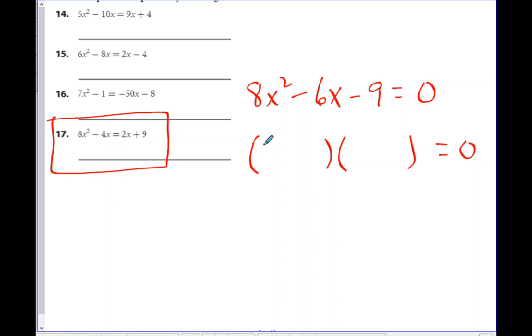Yeah, we could try 4x and 2x. That's a possibility. What do we know about what the two signs have to be, knowing that this is negative right here? The other has to be positive. Yeah, one's going to have to be plus, and one's going to have to be minus, and now we need to think about factors of negative 9. 3 and 3. 3 and 3? Alright, so let's try plus 3 and minus 3.